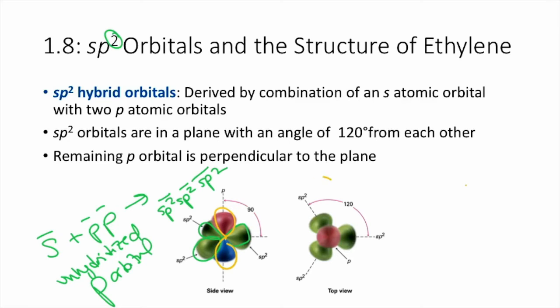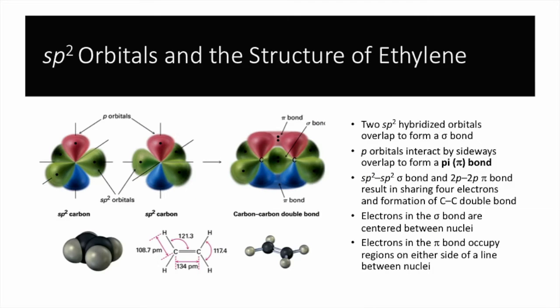And then this is just a different view looking down from the top of the red lobe of the unhybridized p orbital. So if we look at the molecule called ethylene, which is 2 carbons double bonded to each other, has a formula of C2H4.